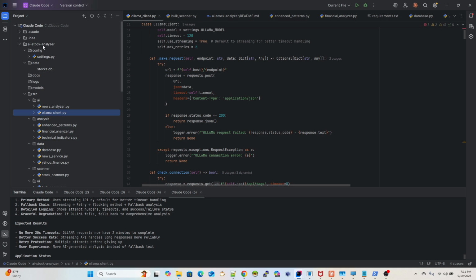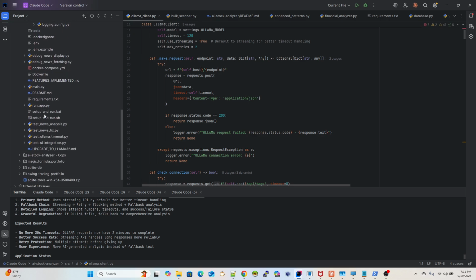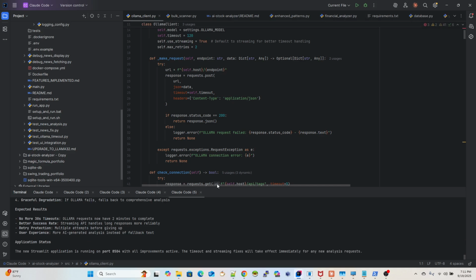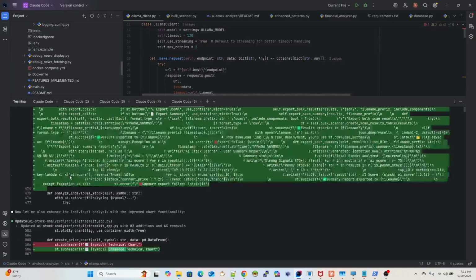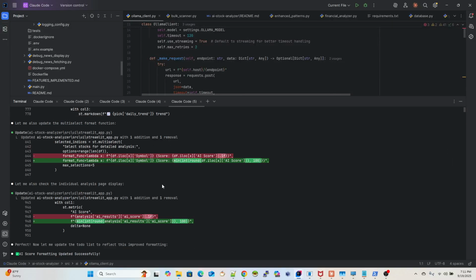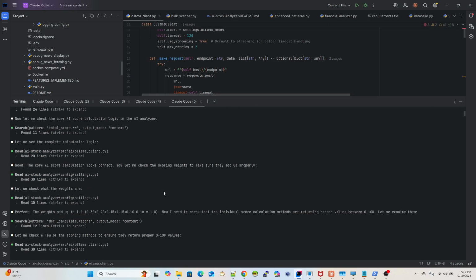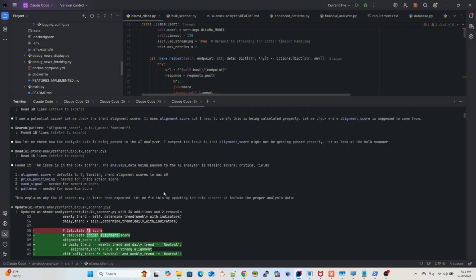If you look at the code, this is my code, and this is my Claude Code. I started in my IDE, gave it all the requirements here, and kept working with Claude Code to generate whatever output I wanted.